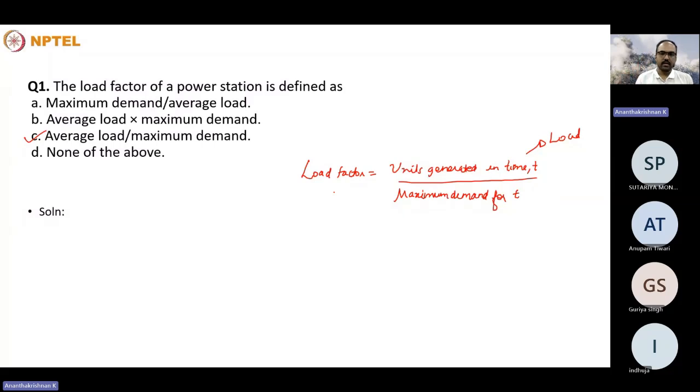The load factor will always be less than 1 because the average load will be lower than the maximum demand in all the cases.